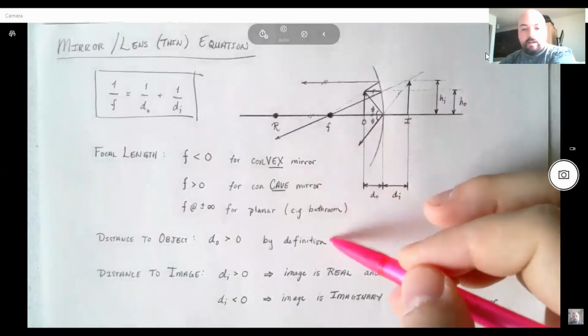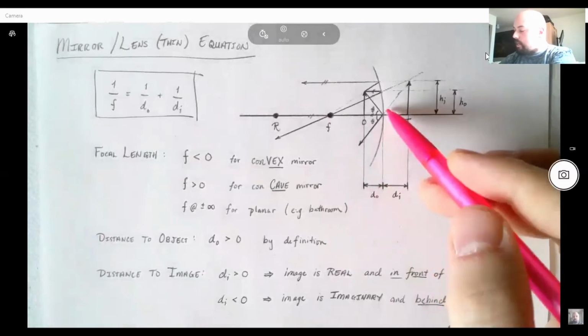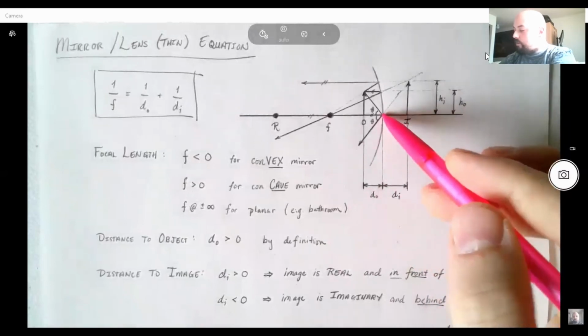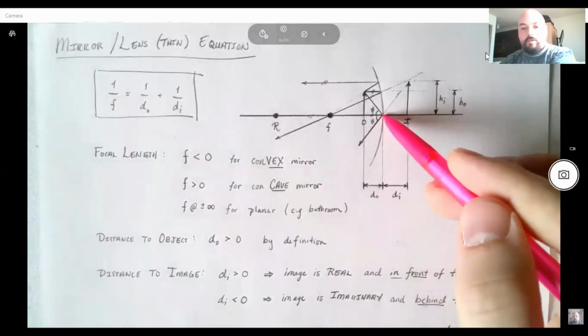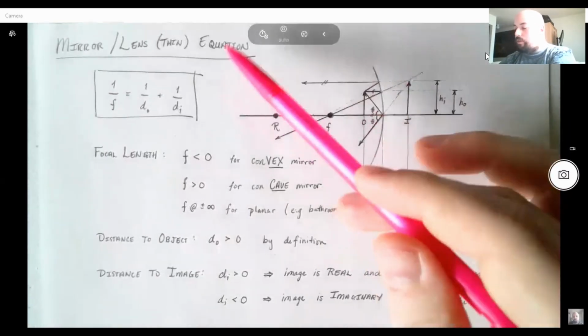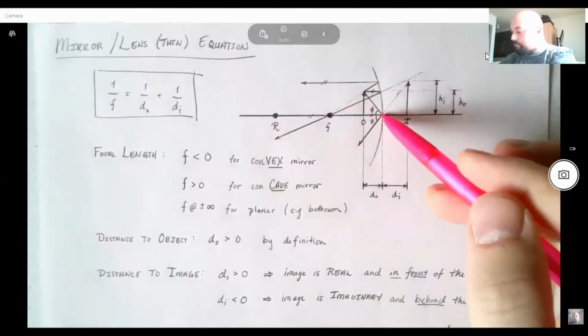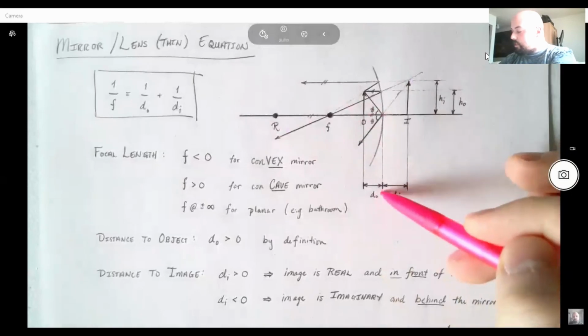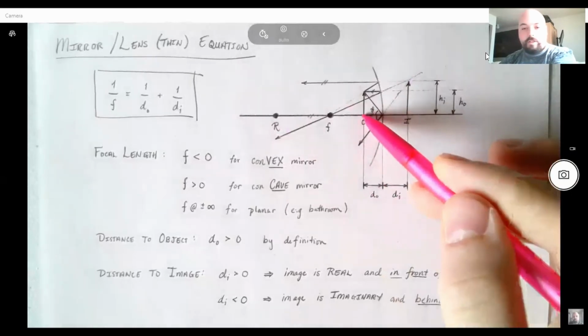The next thing to define here is the distance to the object. Again, every distance or length will be measured from the mirror itself, and only the mirror, or the center of the lens if you're working with the thin lens equation in that particular instance. So the distance to the object is simply the distance from the mirror to the object itself.